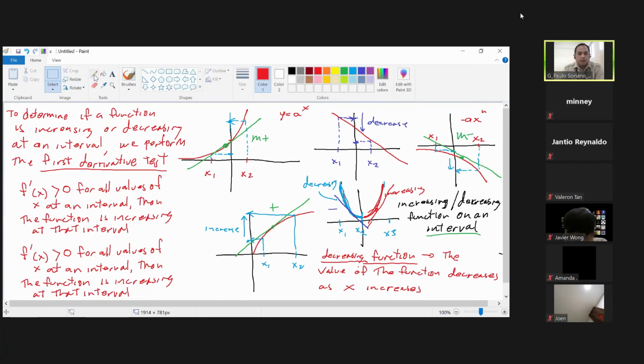Okay, and conversely, if f prime of x is lesser than 0, take note, it's lesser, there's no equal to 0. If f prime of x is lesser than 0 for all values of x at that interval, then the function is decreasing at that interval. Okay, it's going down at that interval.